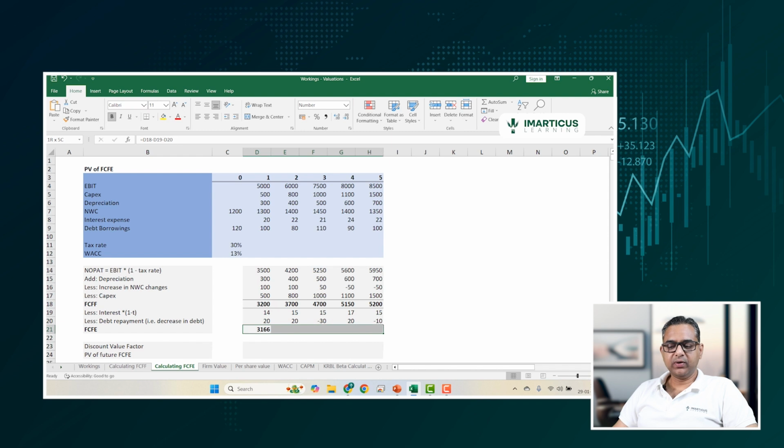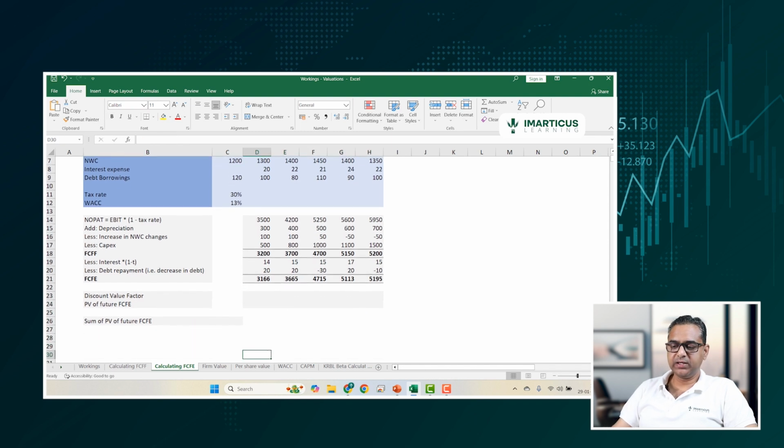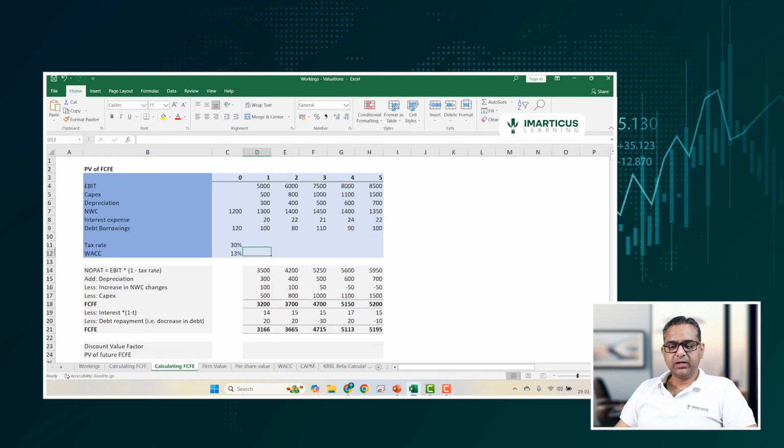Again, if we want to calculate the present value, then we will first find out the discount value factor for different periods. So here, the discount value factor should not be WACC, it should be cost of equity. When we are discounting the free cash flows to equity, then we should use cost of equity as our discount value factor.